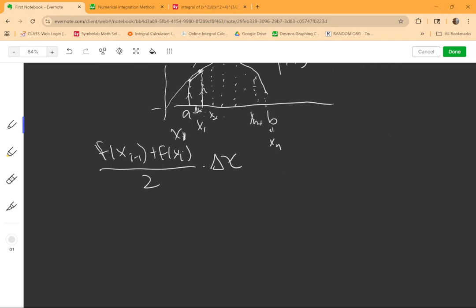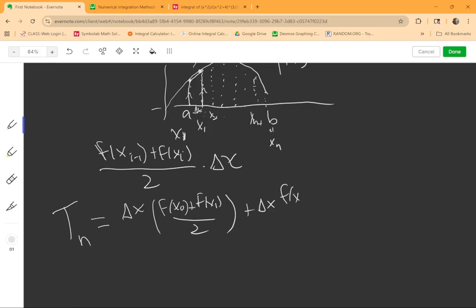Now, if we want to find the trapezoidal T of n, adding up all these, what that would look like is delta x, that's the height, and then the sum of the bases. If we start at x0, then f of x0 plus f of x1 over 2, then plus delta x times f of x1 plus f of x2.